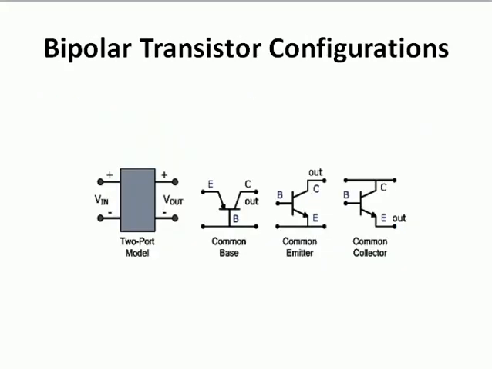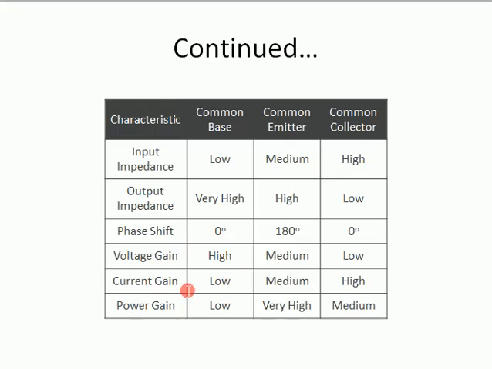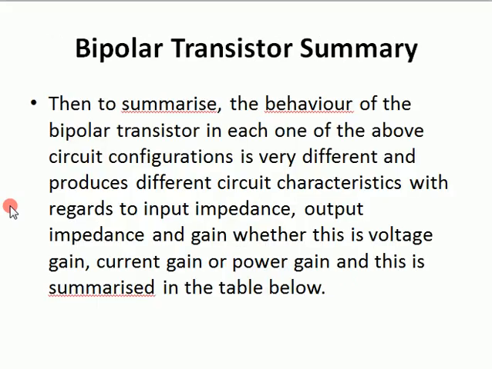And here you may see the symbols: this is basically the common base, this is the common emitter, and this is the common collector. And here is also a relationship for the characteristics, and we discuss different characteristics of common base, common emitter and common collector. You will study it by yourself.